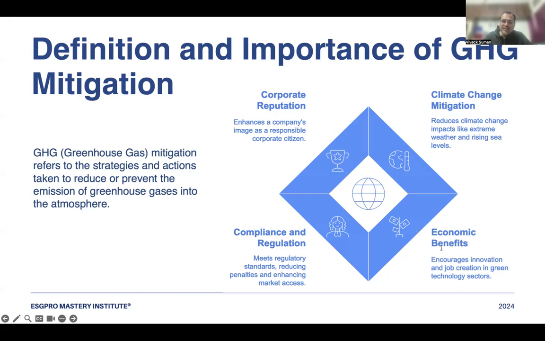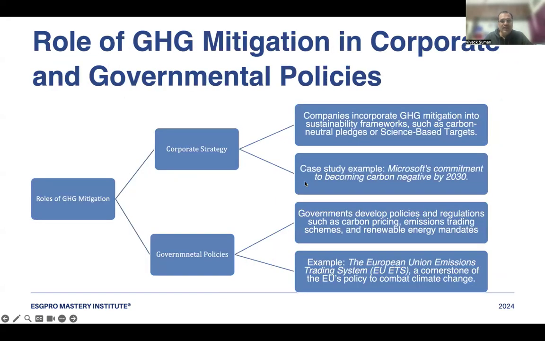And the last one, the fourth quadrant, which sets the importance for GHG mitigation, is corporate reputation. Why? Because it improves company reputation if you say, I want to be carbon negative, I want to be carbon neutral, or I want to have a net zero emission. It is now somehow associated with your reputation too.